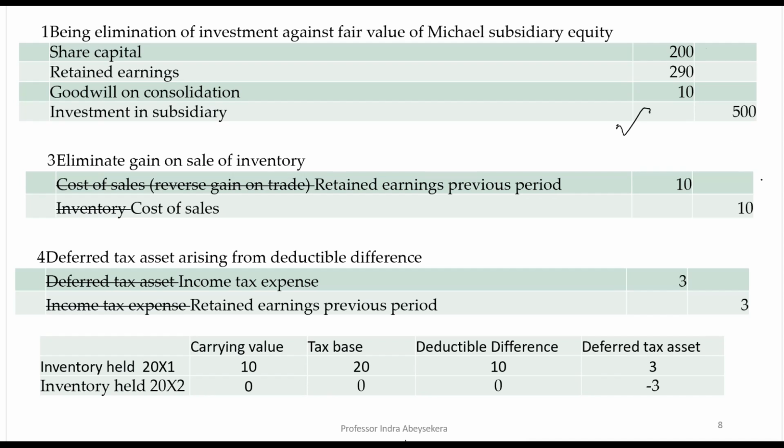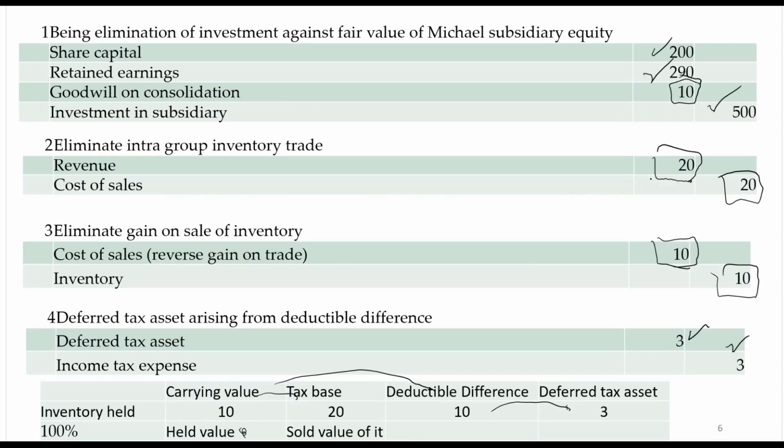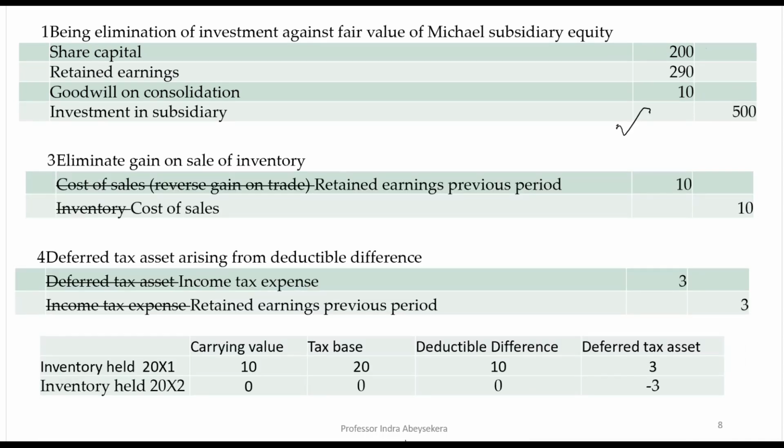But number 3, consolidation journal entry, was to eliminate gain on sale of inventory. That gain on sale of inventory, the inventory is now transferred at the beginning of the year from balance sheet onto cost of sales.